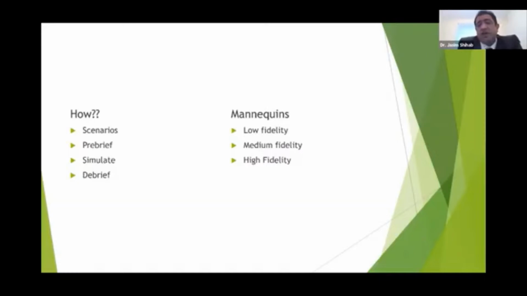It is not necessary to have a high fidelity mannequin essentially to run a proper simulation. You can actually create enough psychological fidelity, that is reality, with the right kind of simulation instructor running it with moulage.